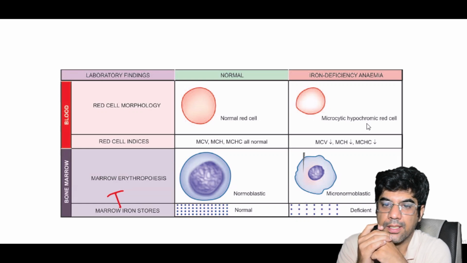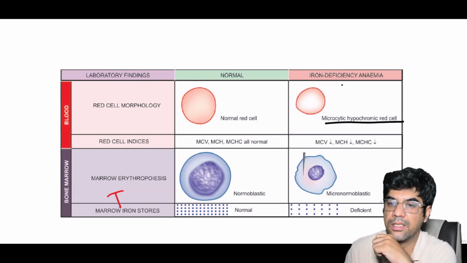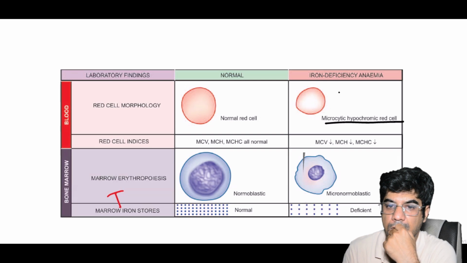The red cells in the blood film, they are hypochromic and microcytic, and there is anisocytosis and poikilocytosis.